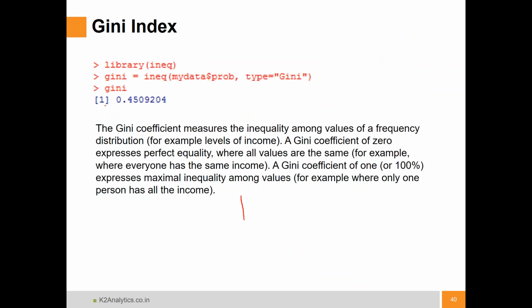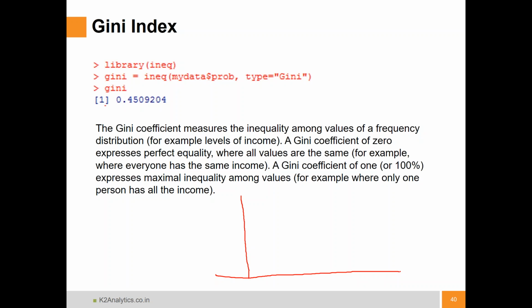Let me first explain the origination of this Gini concept. This Gini coefficient initially came into play when there was a guy named Lawrence, and he wanted to find out how is this wealth inequality. Wealth distribution in the world is not equal. There is an inequality of wealth.